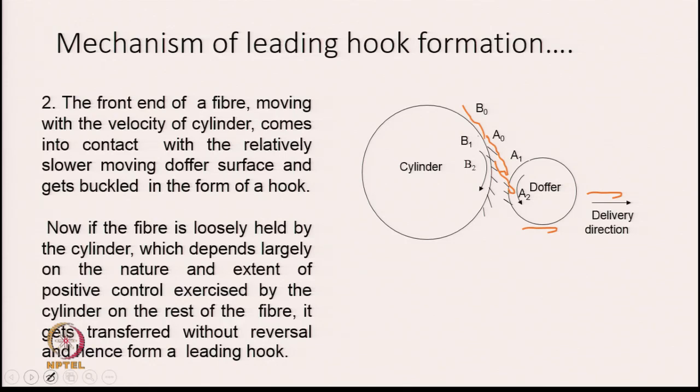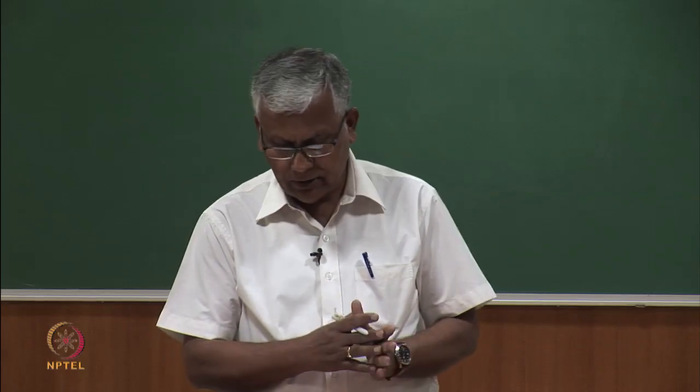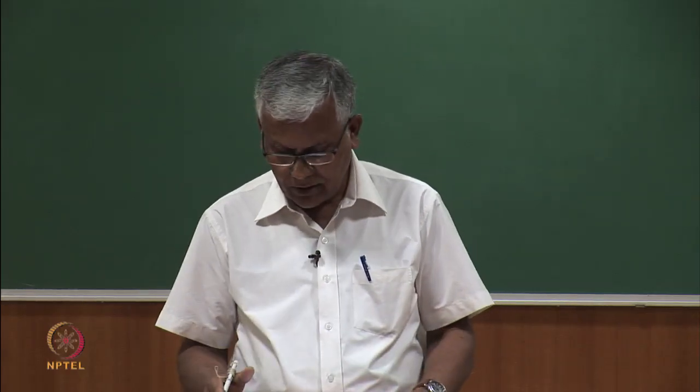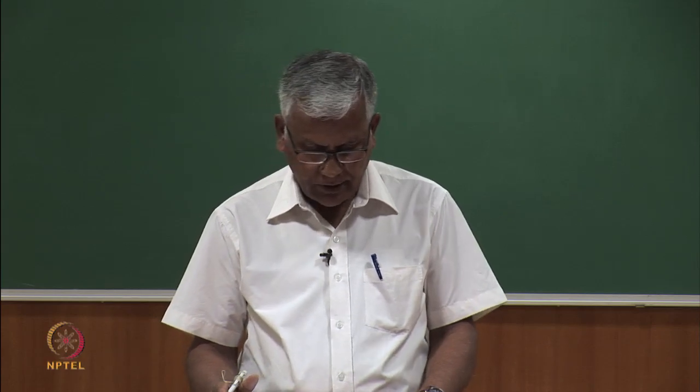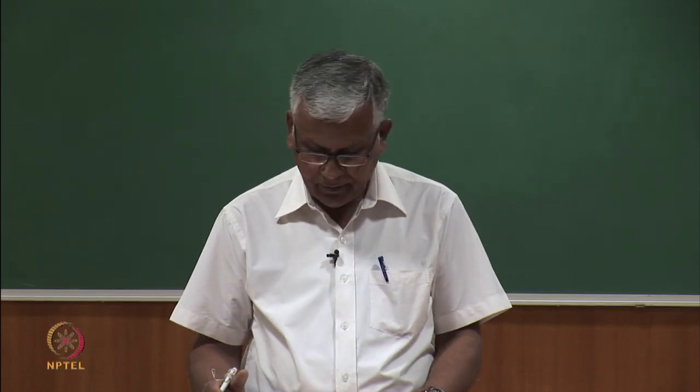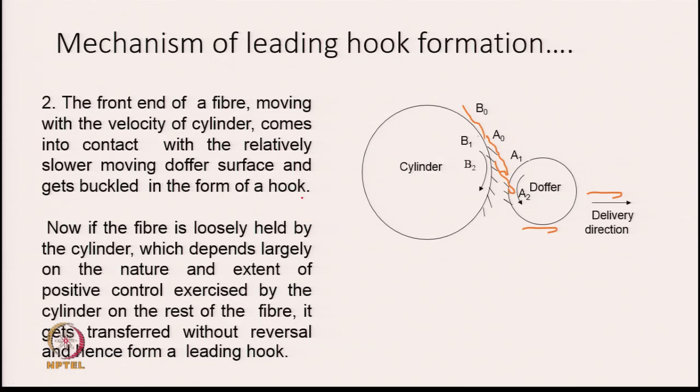When the end hits the Doffer surface, the front part of the fiber moves at a slower speed, whereas the back part is moving at a higher speed, because the back part of the fiber is in contact with the cylinder and the front part is in contact with the Doffer. As a result, the fibers get buckled in the form of a hook, and in the same way they get transferred to the Doffer.